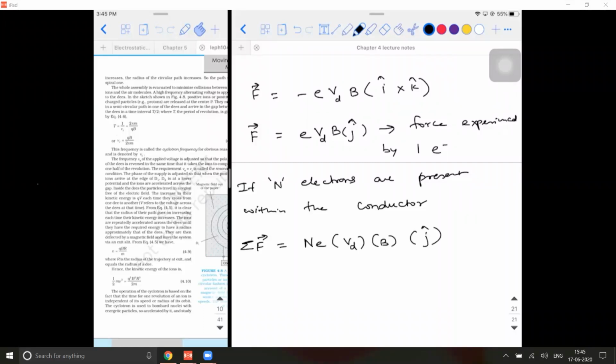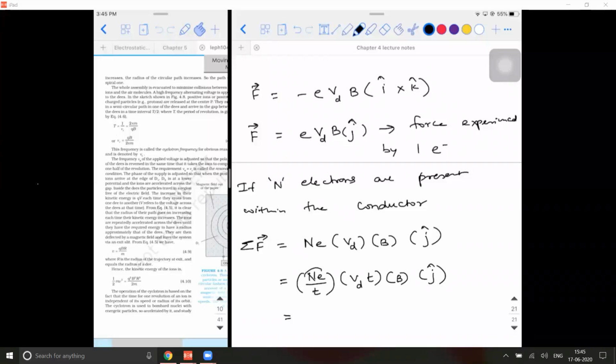All the electrons experience the force in the upward direction, obviously, because of the drift velocity. Now, the manipulation that I'm going to do here is, I will divide this Ne with t and compensate it with t, into B in the direction of j cap.